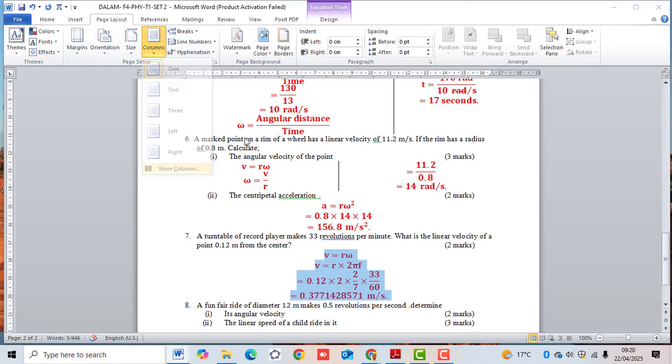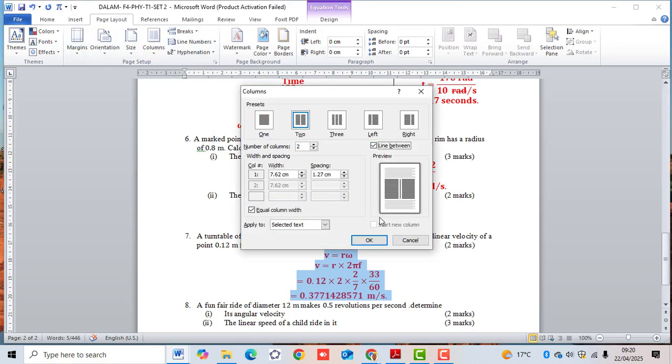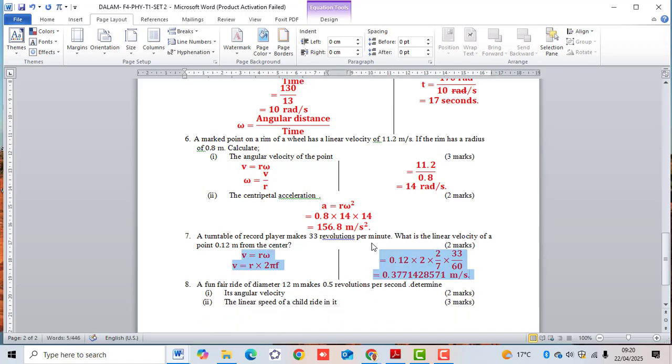So student, I want to advise you that don't fix yourself in rounding off early. Especially where you can think that you have rounded off to 4 significant figures, but you have rounded off to 4 decimal places.